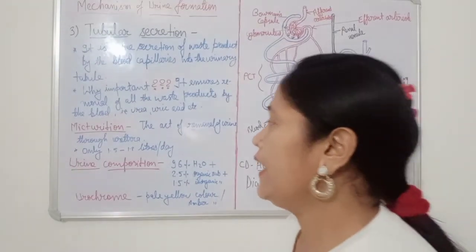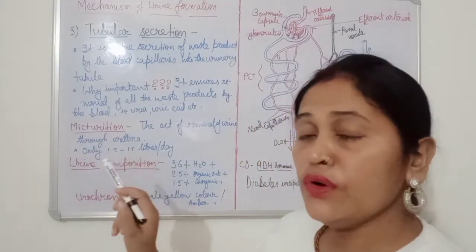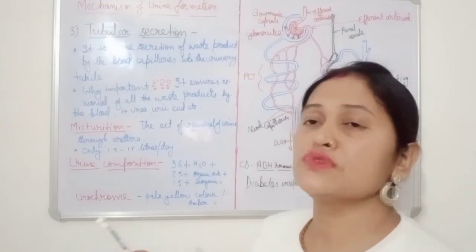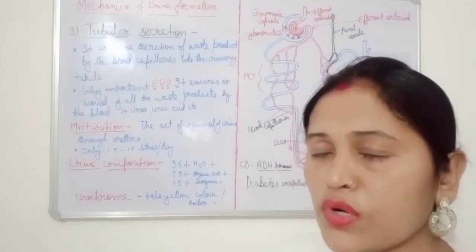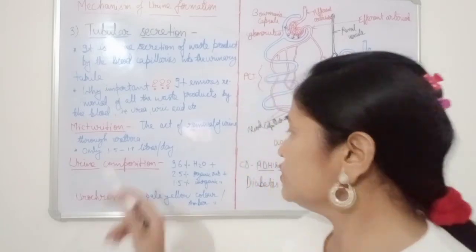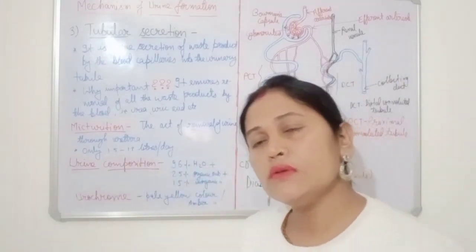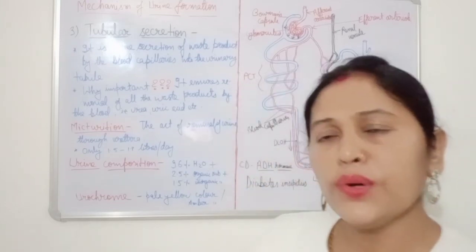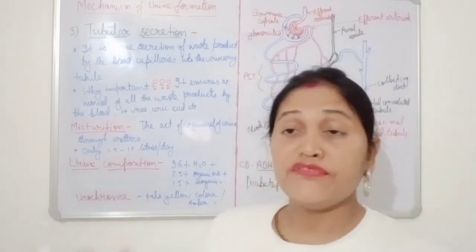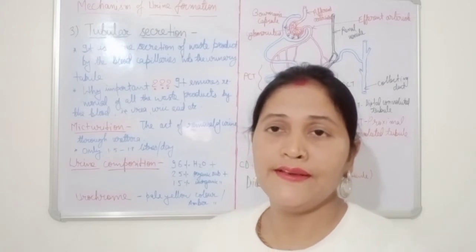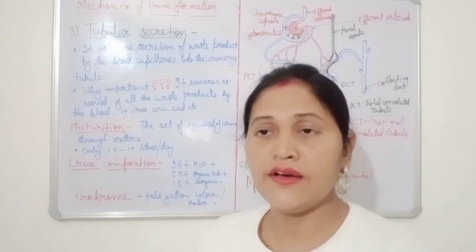The average urination in a healthy person is 1.5 to 1.8 liters per day. But do you know how much nephric filtrate has been prepared?